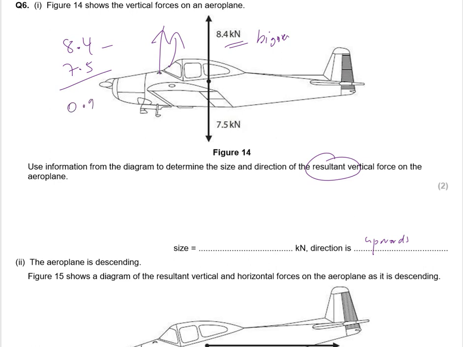So this is how much upwards it's going to go. We're looking at the magnitude. Always look at the arrow. The arrow tells you which one is bigger. The bigger one, it will tend to move in the bigger direction. So therefore it is upwards, and then you just need to subtract to work out the resultant force, because it's going to go up by this much.